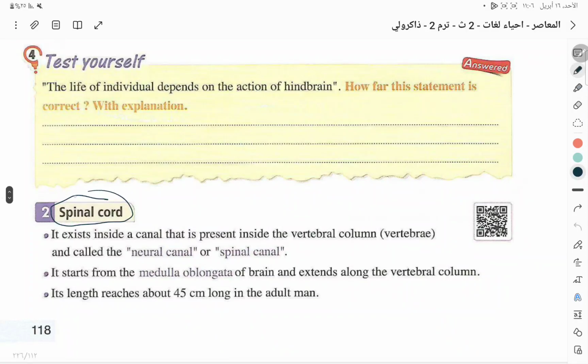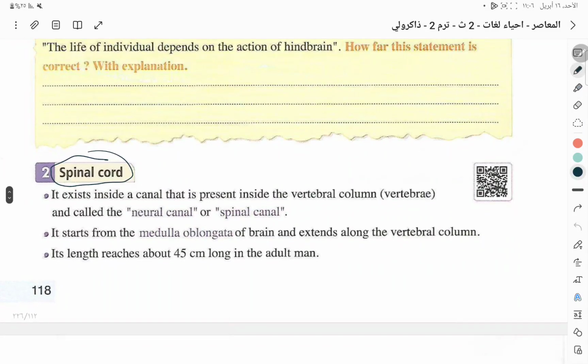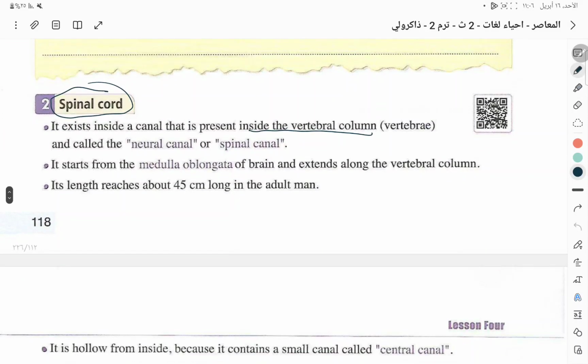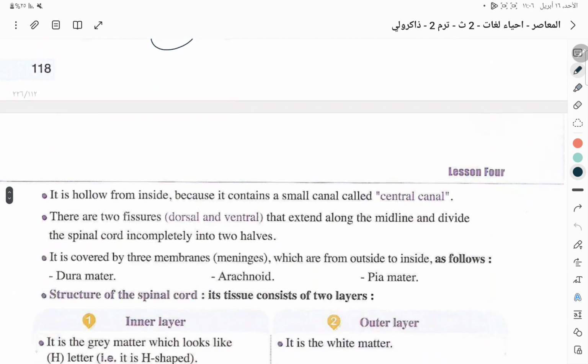Spinal cord. The spinal cord is inside the vertebral column, in the neural canal or spinal canal. It starts from the medulla oblongata and extends along the vertebral column, reaching about 45 centimeters.